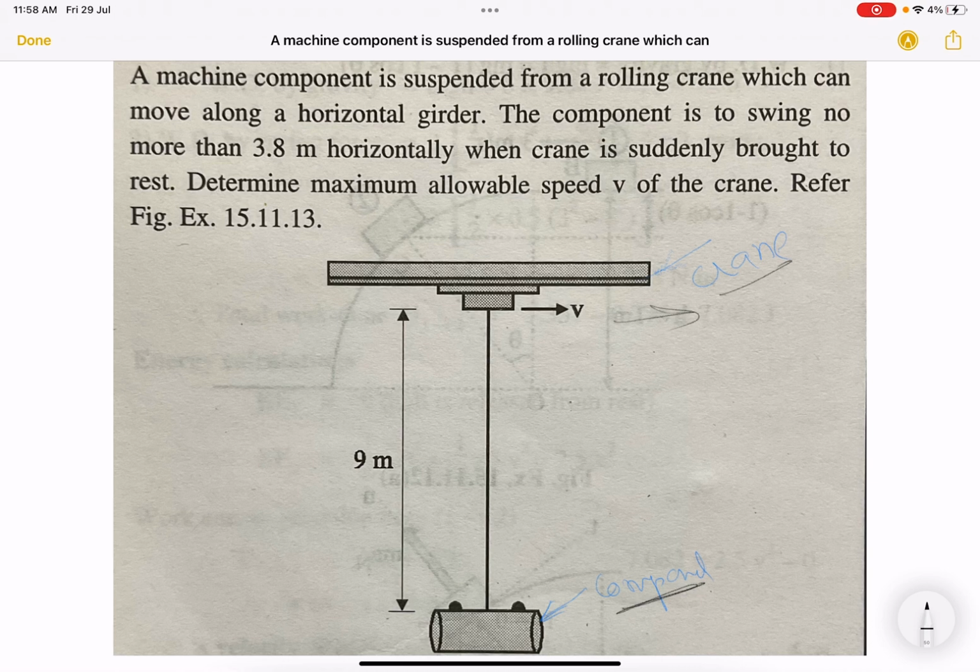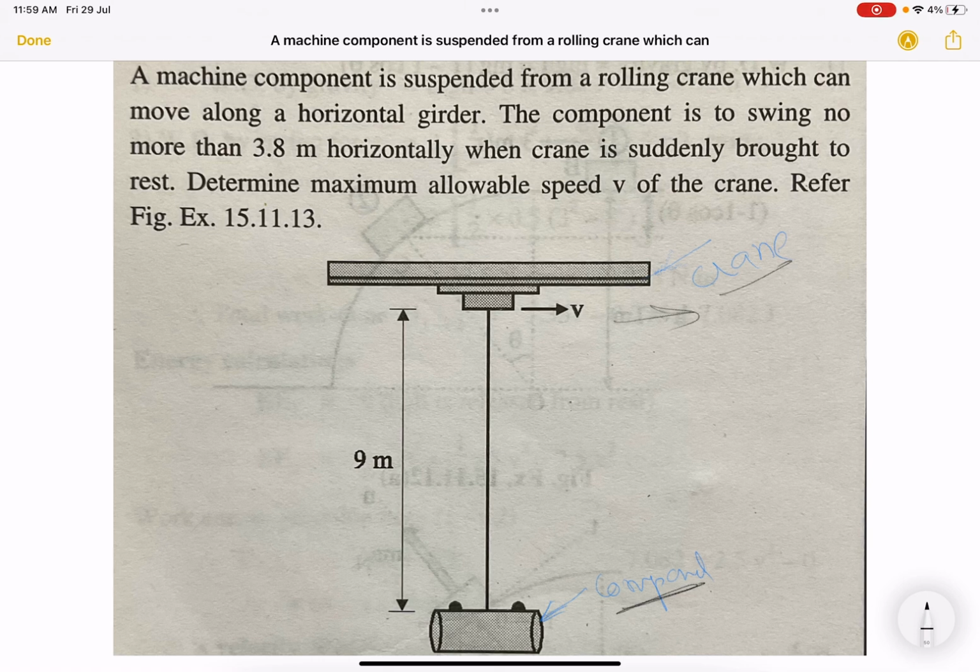Fine. But what you are told is that the crane will be suddenly brought to rest. When the crane is suddenly brought to rest, will the component also be suddenly brought to rest? Will it just stay where it is?